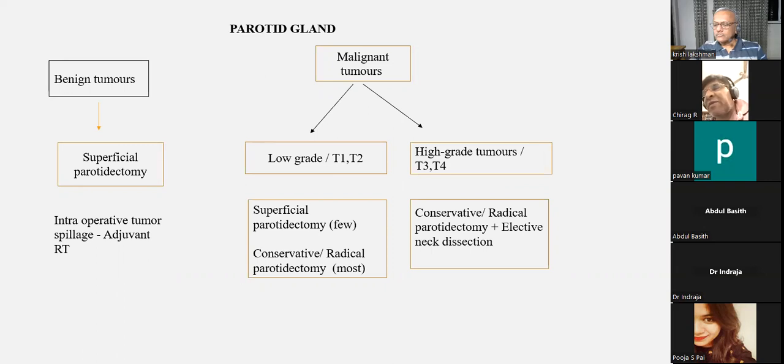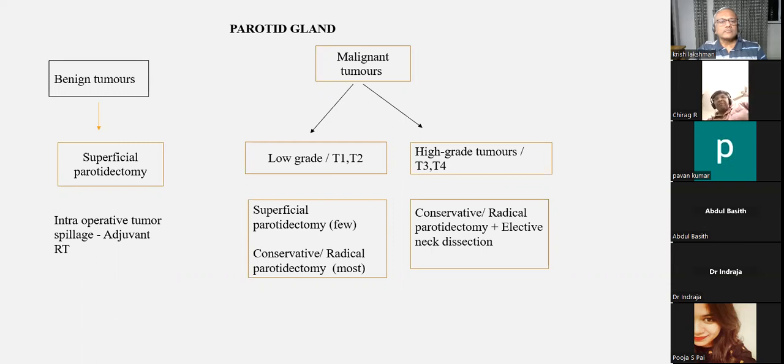So that way you have achieved oncologic clearance and also retained the facial nerve. But if it is obviously infiltrating and if it is a high grade tumor, then you are well within your rights, provided you have taken a proper consent where you say that the facial nerve is going to be sacrificed and the patients are aware that it is going to happen. Then you can do a radical parotidectomy with the facial nerve as well.